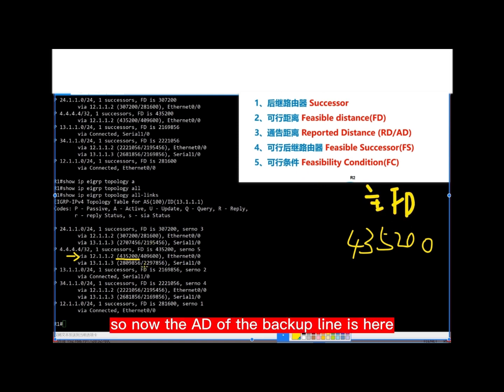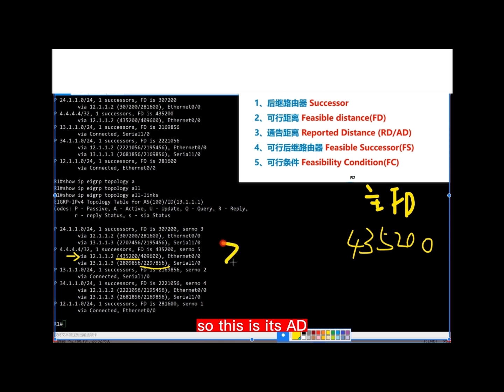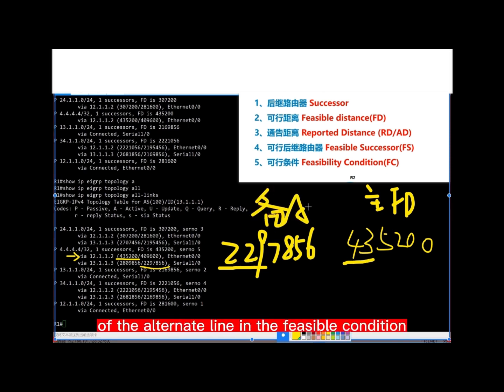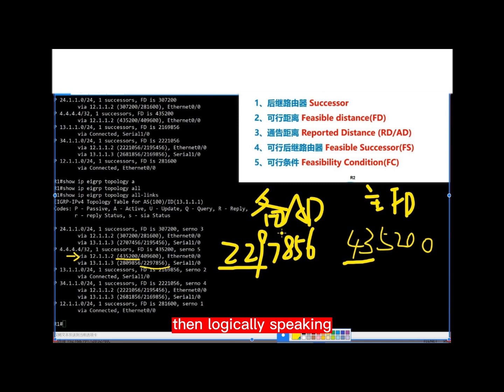So now the AD of the backup line is here. We want the lower line to be the backup line. So this is its AD. It is 297,856. This is the AD of the alternate line in the feasible condition. Then logically speaking, the feasible condition should be that the AD of the backup line is smaller than the FD of the main line.